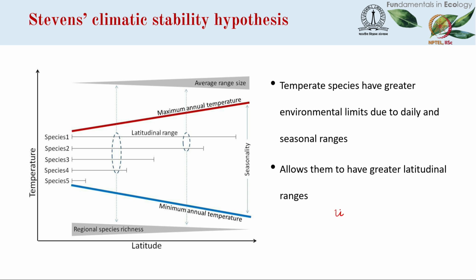So for example, a species that was able to tolerate these temperatures here would be able to tolerate this range of temperatures, but a species that was only adapted for this might not be able to survive here because its tolerance limit is only from here to here, right? So Stevens's mechanism provided an explanation for why species at higher latitudes might have greater range sizes.